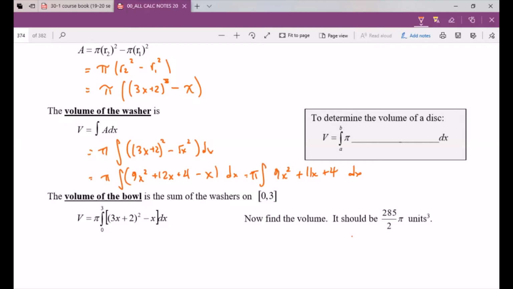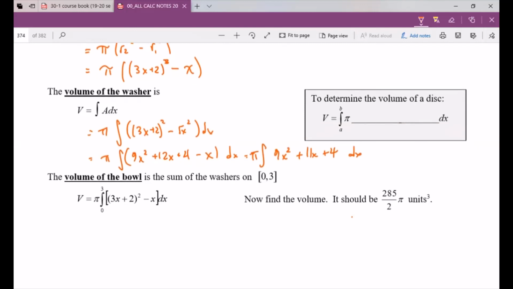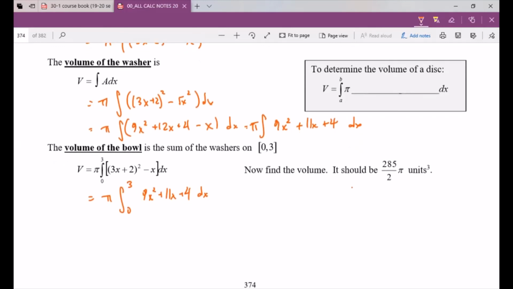The volume of our bowl takes that from 0 to 3. So pi going from 0 to 3. We've just simplified this above. This ends up being 9x squared plus 11x plus 4 dx. And then going from 0 to 3, we're going to now integrate that.